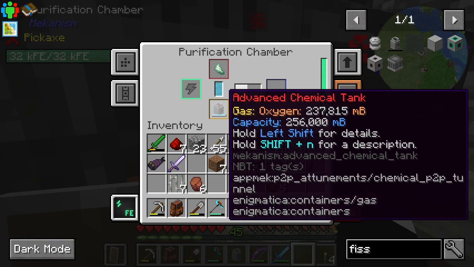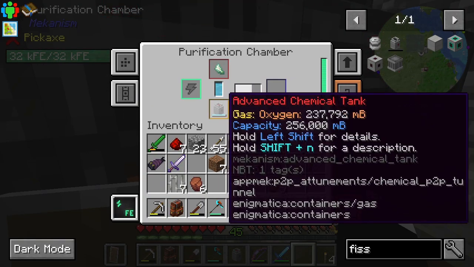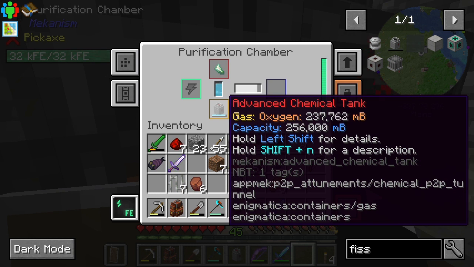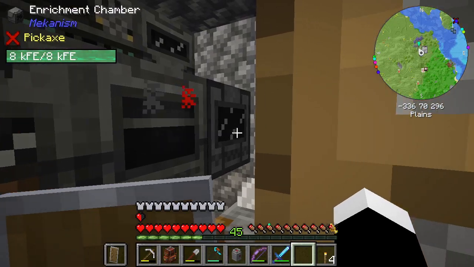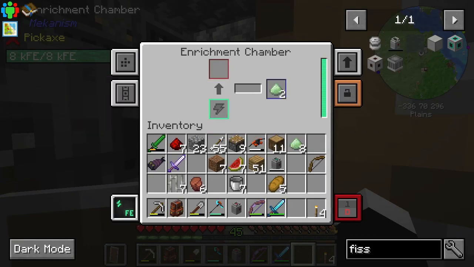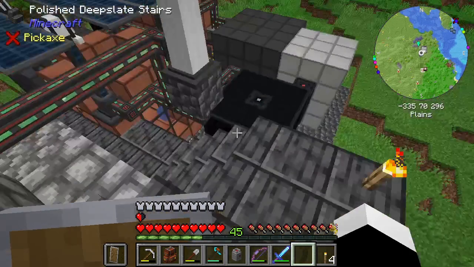Although I am a bit concerned about using up oxygen. But let me see, that's 740 something. It looks like all around it's a tenth of a bucket or 2/10, something like that. I think the main bottleneck here is going to be time.